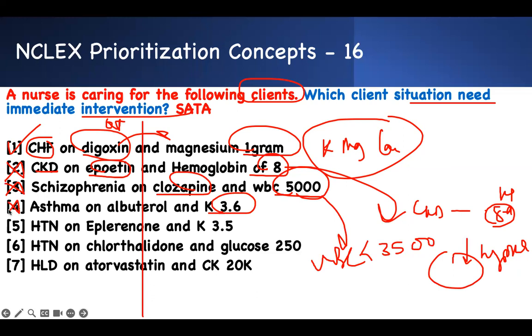Hypertension on what? Spironolactone, right? And a potassium of what? You have to recognize this. This is K sparing, potassium sparing. This will keep your potassium high. The potassium is 3.5. It's going to go high. So don't worry about it. Chlorthalidone. You have to recognize this.